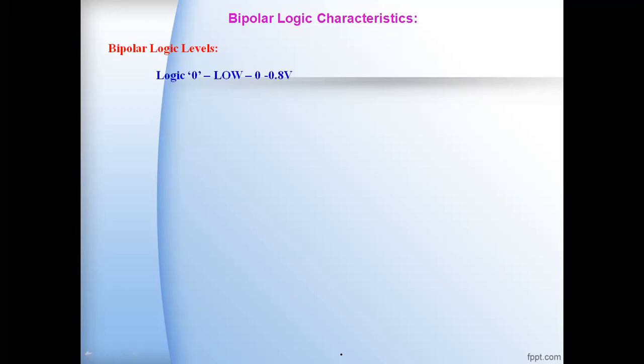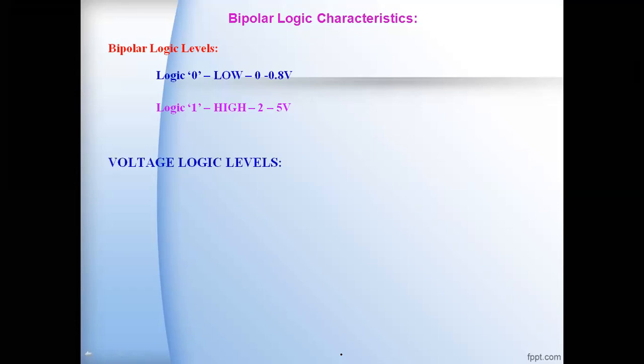Any voltage between 0 and 0.8 represents logic 0 in bipolar logic. And logic 1 is represented by any voltage between 2 and 5 volts. The same logic levels apply in the TTL logic family.